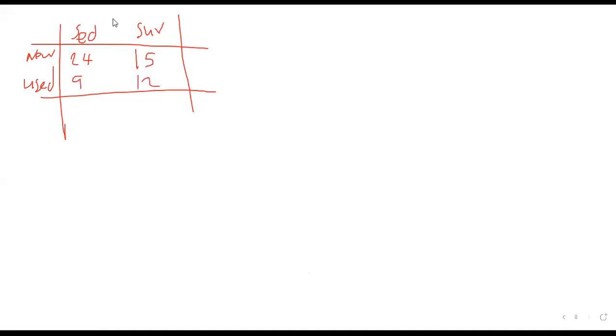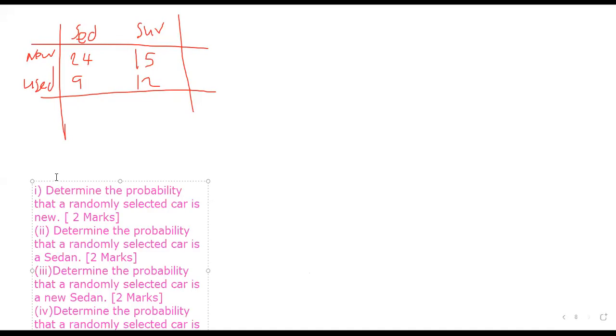And we have the questions as follows. One, being asked to find the following probabilities.